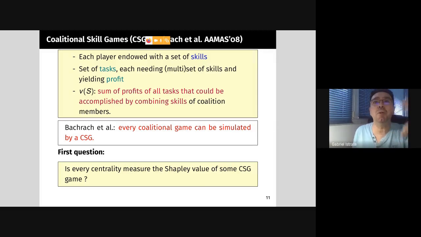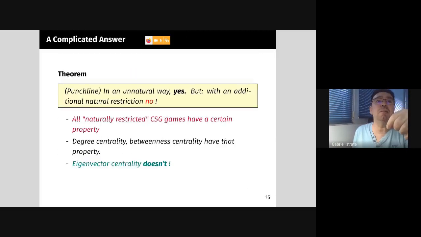Okay, so every coalitional game can be simulated by such a game, and every centrality measure is the Shapley value of a coalitional game. So you might expect that the answer to this question is yes, and it is yes in an unnatural way.